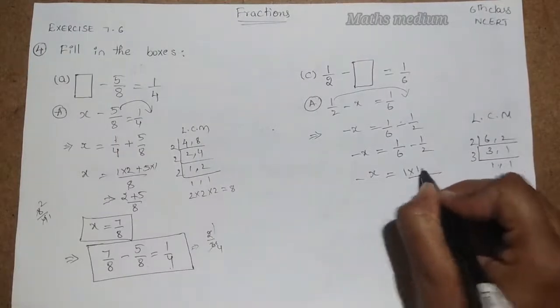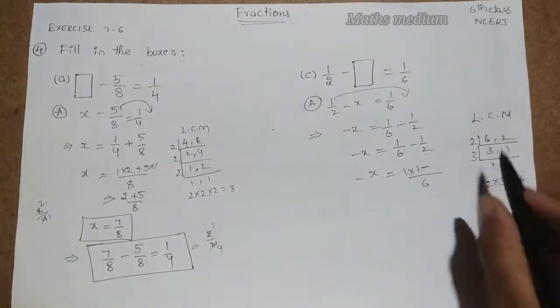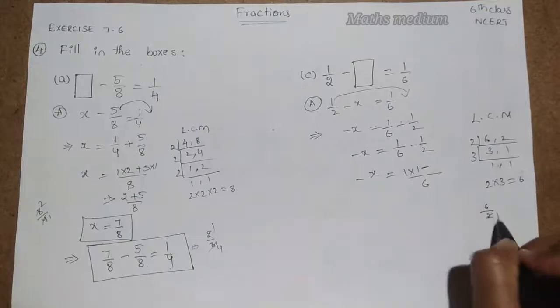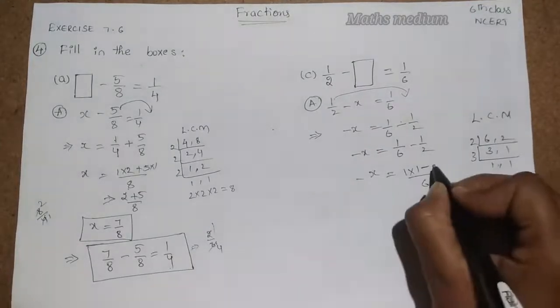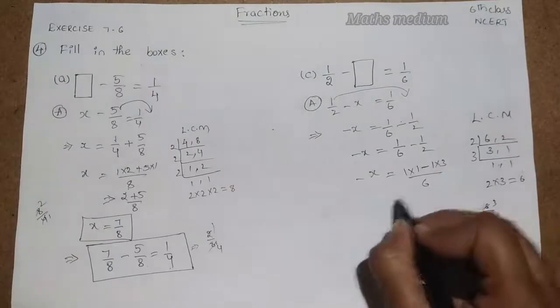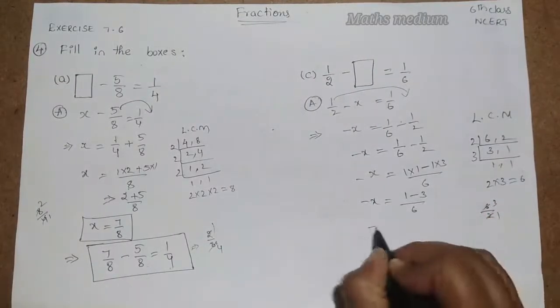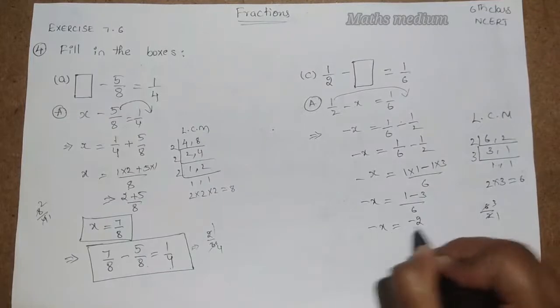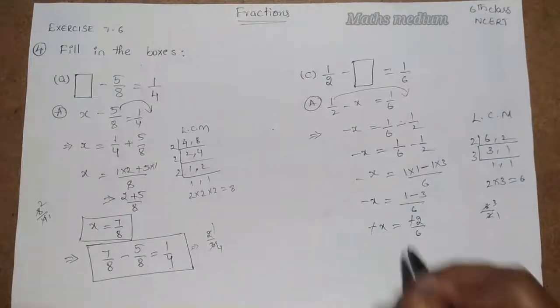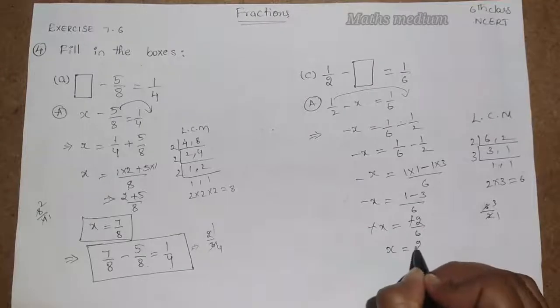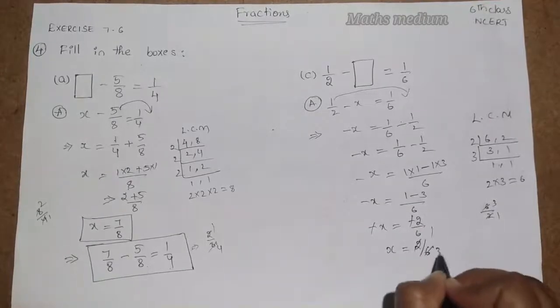So 1 into 1 minus, in order to get 6 here, divide 6 by 2. So 2 threes are 6. Numerator into this 3. Minus x equal to 1 minus 3 by 6. So minus x equal to minus 2 by 6. Here, minus minus gets cancelled. x equal to 2 by 6. 2 ones are 2, 2 threes are 6.